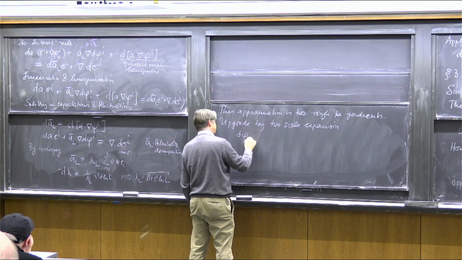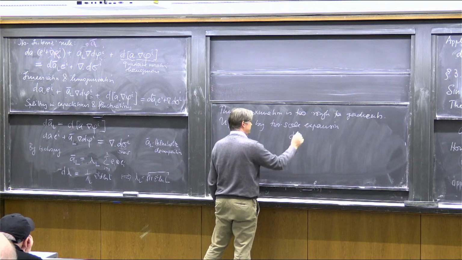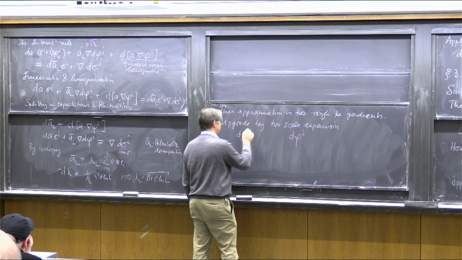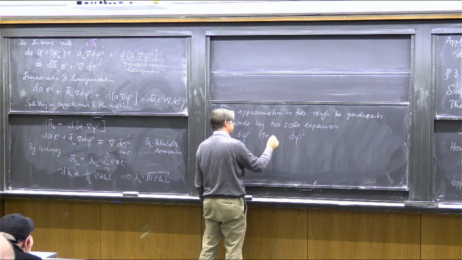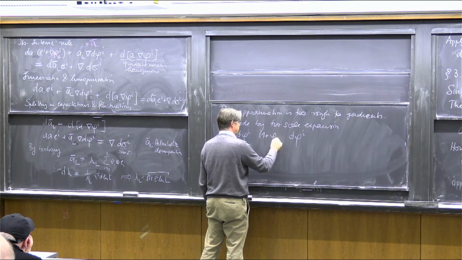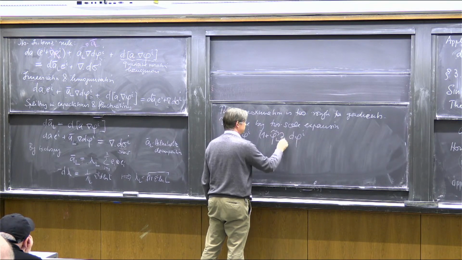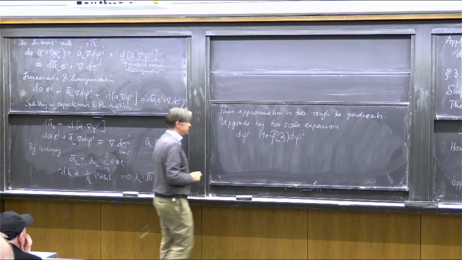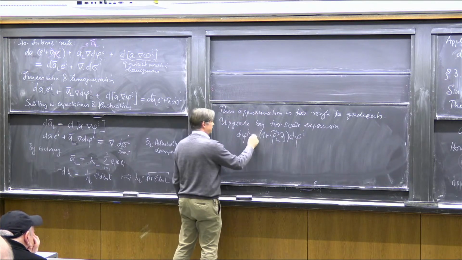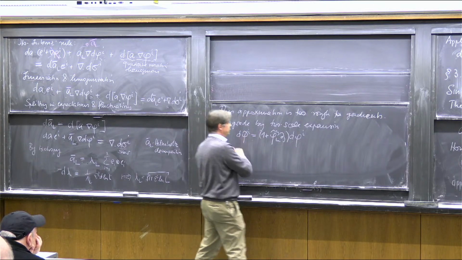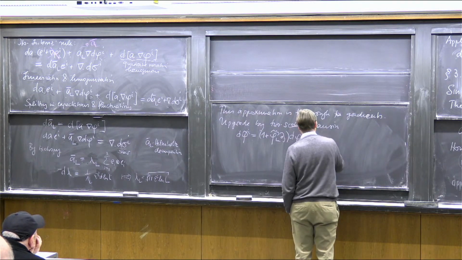We take our simple-minded answer, which was d phi I, but then we hit it with what's called the two-scale expansion, which is phi L j tilde dj, and I'm using Einstein's summation convention here, and that defines an Ito evolution equation for this phi tilde quantity.